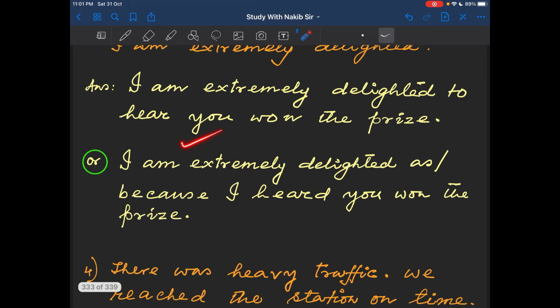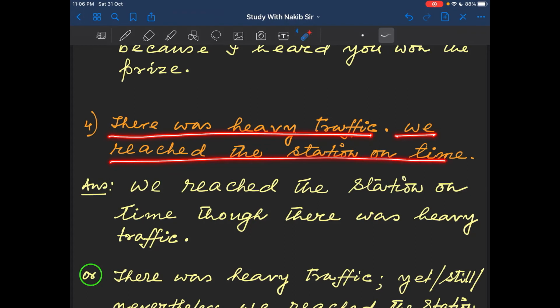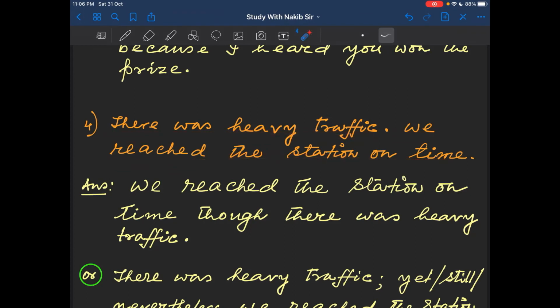So this is the answer to your third question. Okay. Now see the fourth question. There was heavy traffic. We reached the station on time. Read the sentences and the relation between them will pop up easily. One is the cause and the other one is the result.